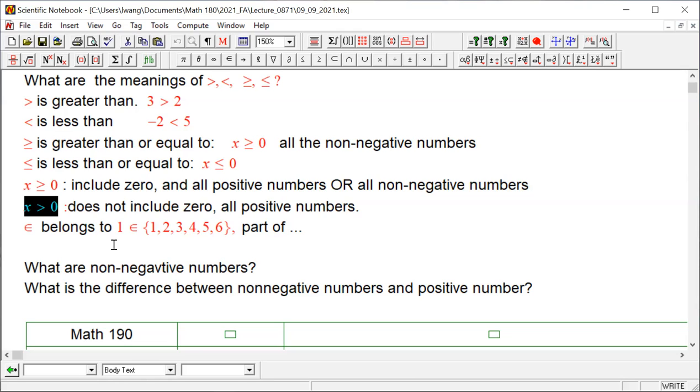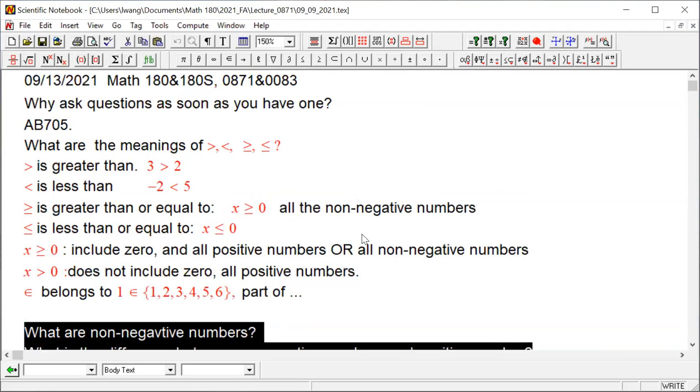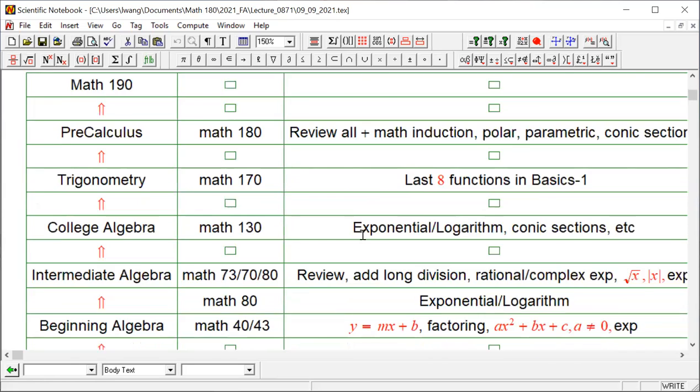Okay, all right. So because of the question we have here, I'm going to talk about the number system today. We just talked about why you should ask questions, because we don't know what you know. We cannot assume what you know. But I'm committed to help you in any way I can. And you need to understand the task you're taking on yourself. If you don't prepare for these courses well, if you don't review this course well, you're not going to make it.